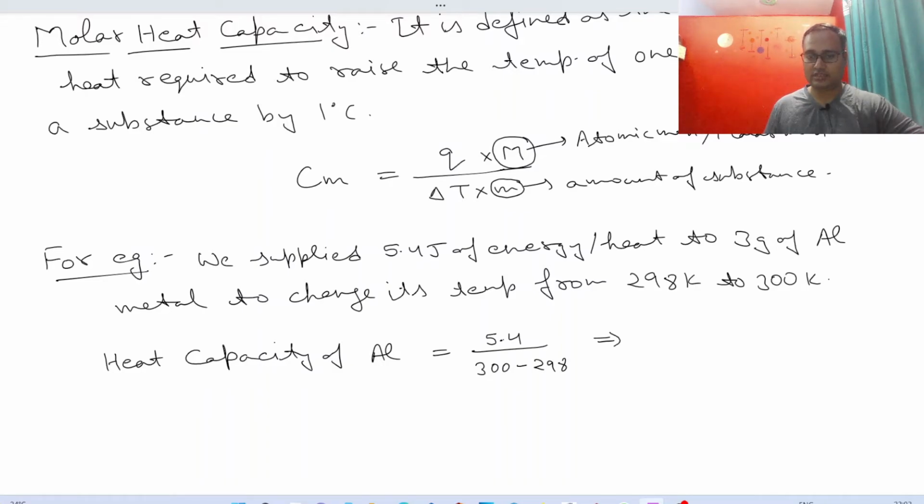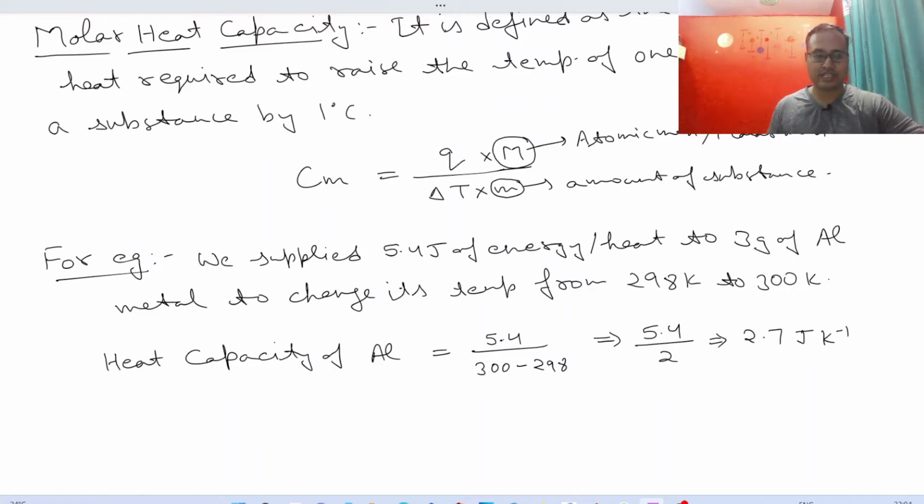So it comes out to be 5.4 divided by 2, which is 2.7 joule per Kelvin. So this is the heat capacity for aluminium.